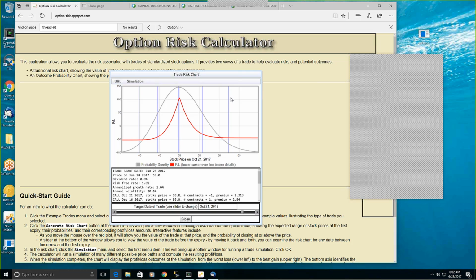So anyway, I really like the information that your calculator affords, and as I said, I used it for developing a strategy.